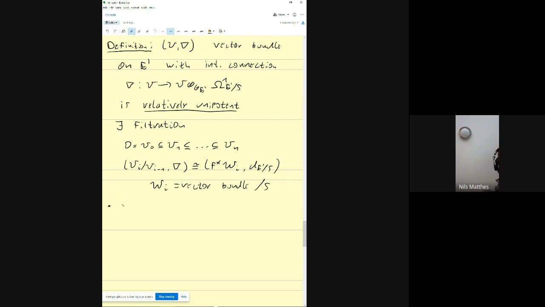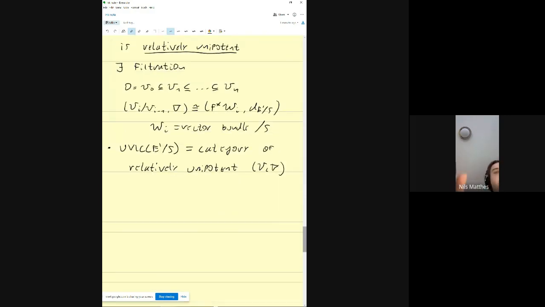And we'll denote by UVic(E'/S) the category of such pairs. And again, we're just going to try to copy everything that we said before in the case of P1 minus 3 points.